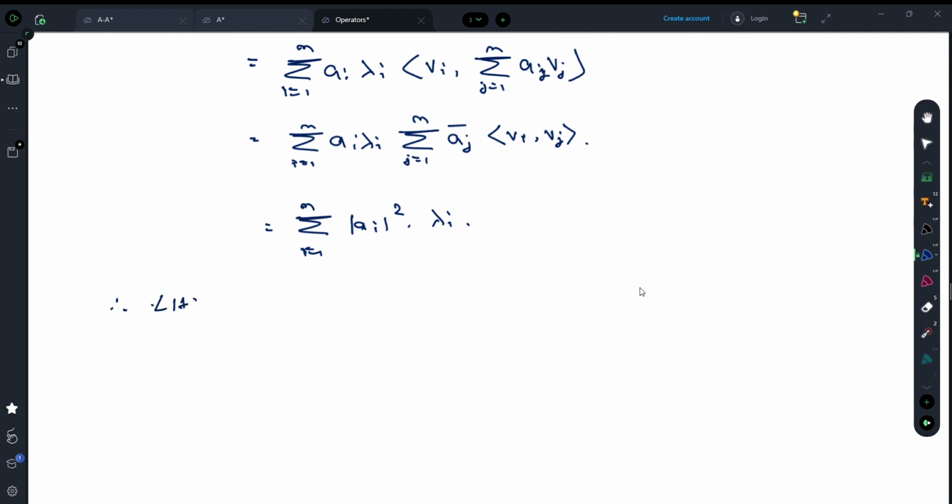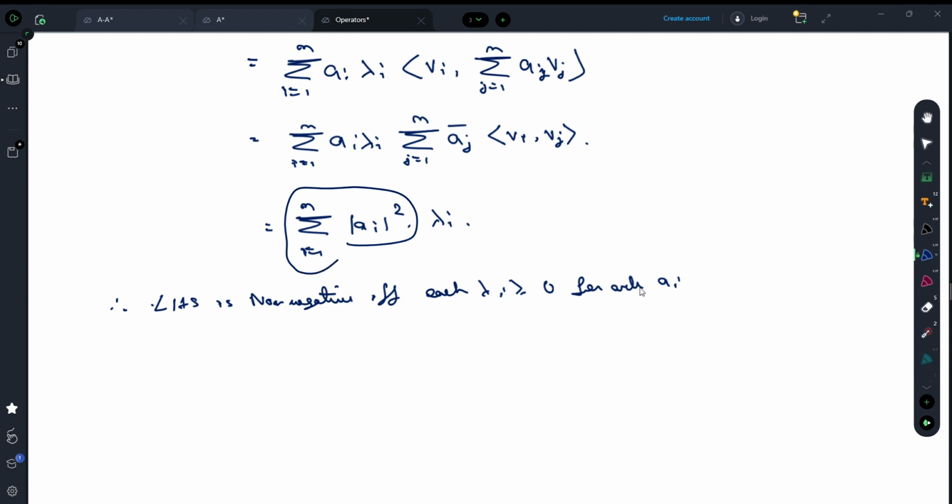Therefore the LHS is non-negative. If I prove it for semi-definiteness, it will obviously be proved for definiteness as well. The LHS is non-negative if and only if each lambda i is non-negative for arbitrary ai's, because this part will be non-negative. Clear?